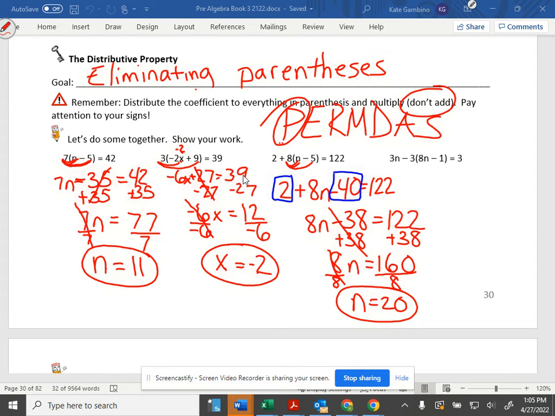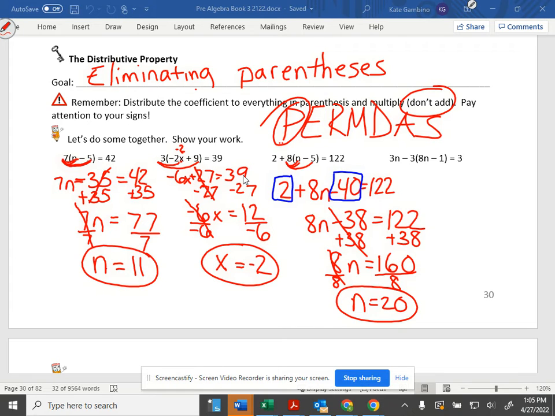Get in a habit of doing that, so when you get to the way more complicated equations that will come, especially in high school when you're doing trigonometry and calculus, get in the habit of combining those like terms first, so you don't make those simple mistakes. At first, I did 8 plus 10. Yes.